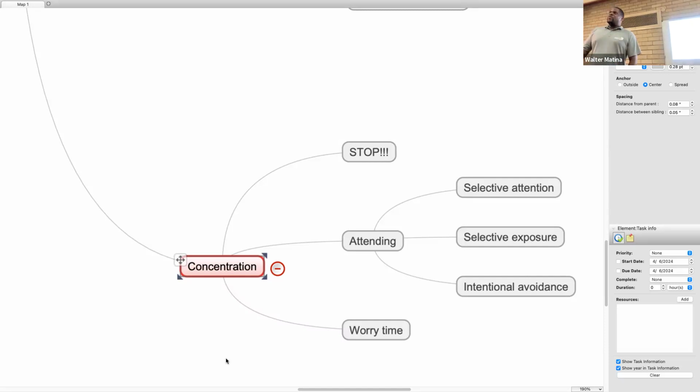So there is what is known as biological evolutionism. It's just a big fancy way of saying the way that we have developed as people over time could not have been done successfully without worrying.